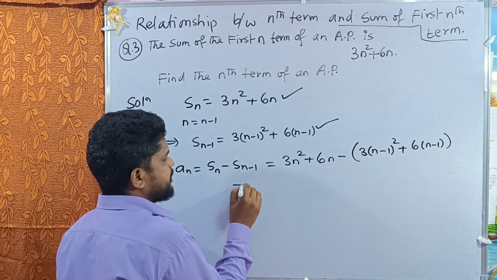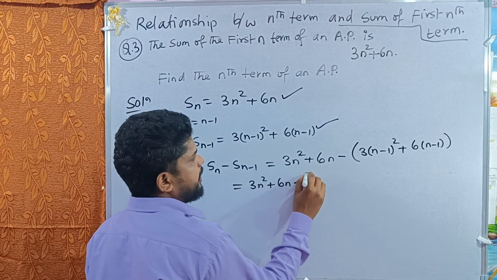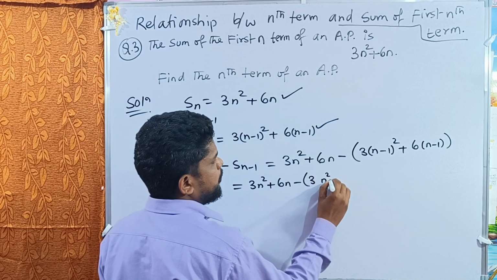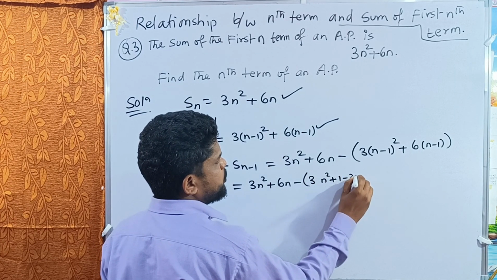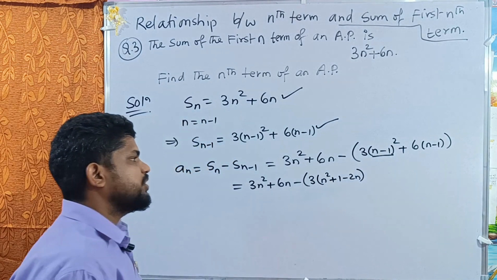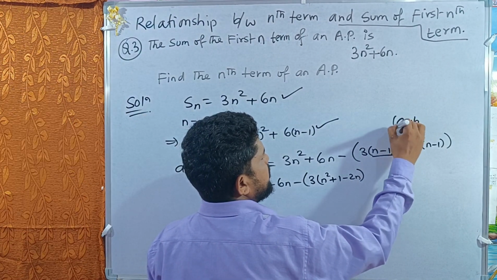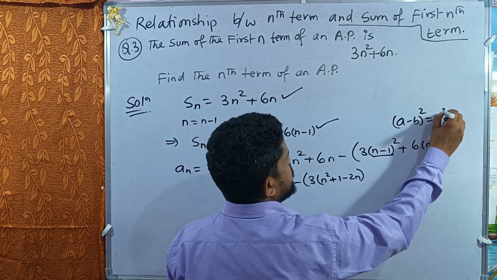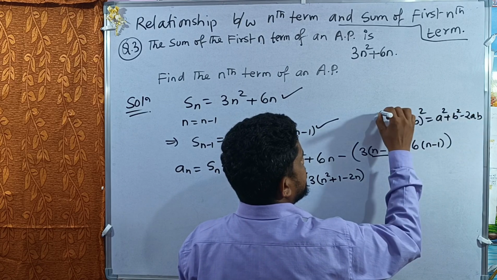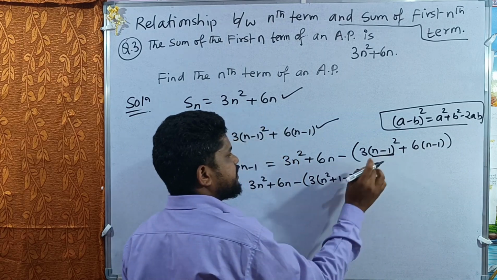This will give us 3n² + 6n − [3(n² + 1 − 2n) + 6n − 6]. Dear students, here I used one algebraic identity, (a − b)² = a² + b² − 2ab, to expand this.